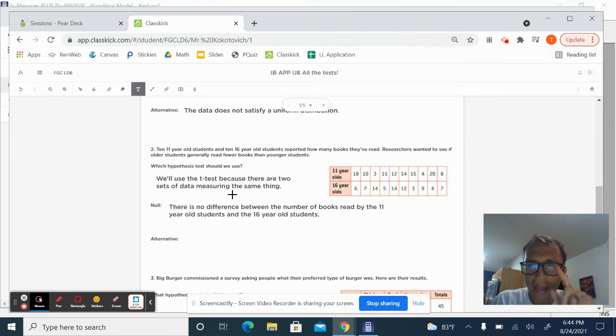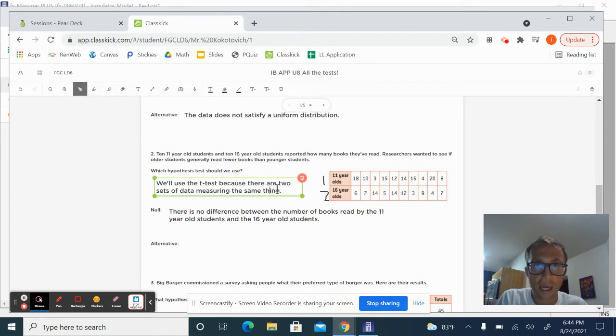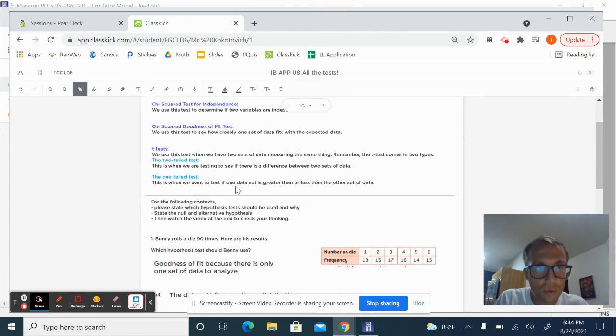And that is interesting. We are trying to see if the older students read less. So we're trying to see if this second data point right here, this second data list, we'll put a 2 right there and a 1 right there. The second data list is less than the first data list. That means that we'll definitely be using which one is it, the one-tailed or the two-tailed?